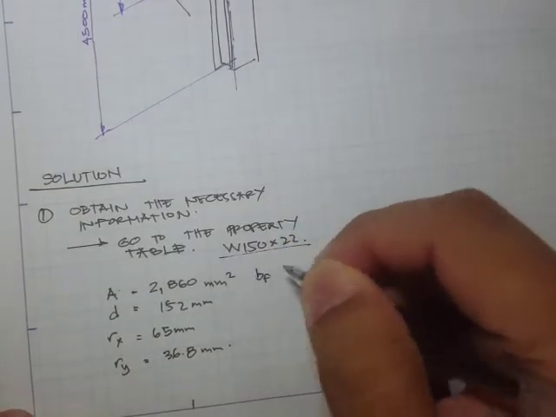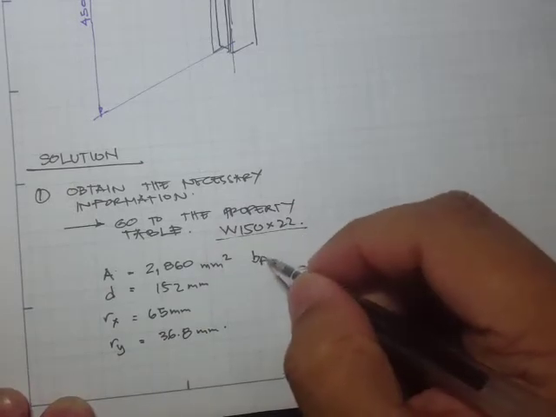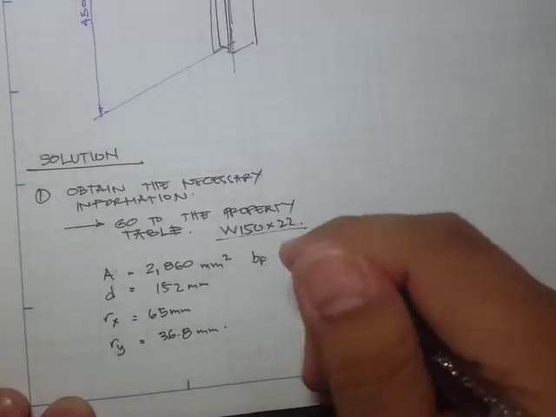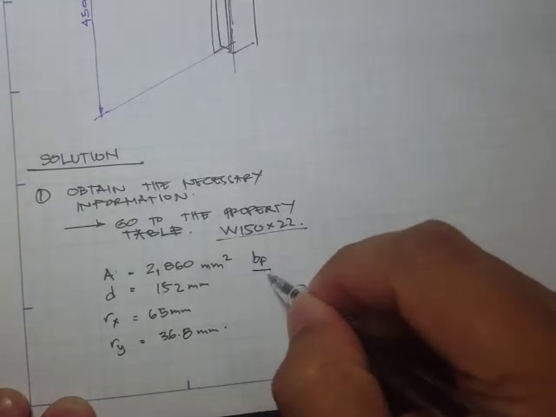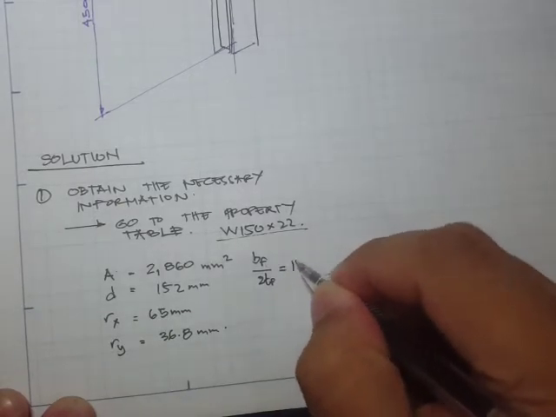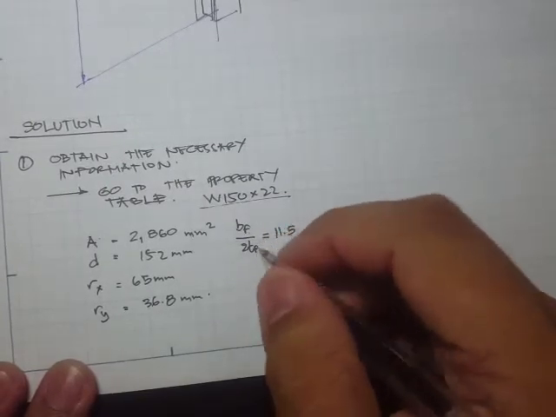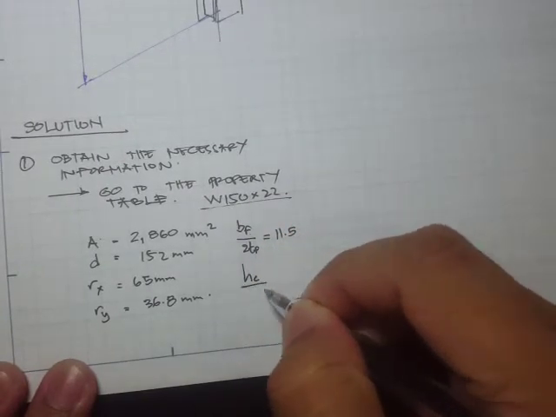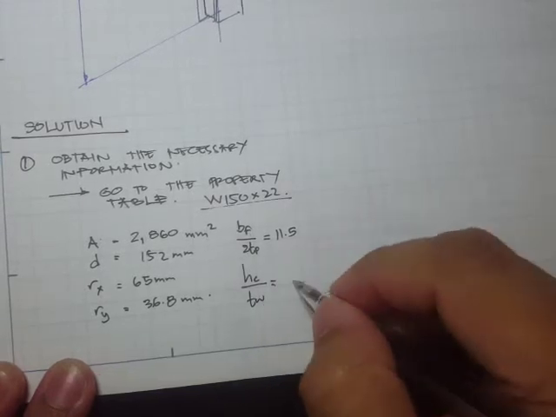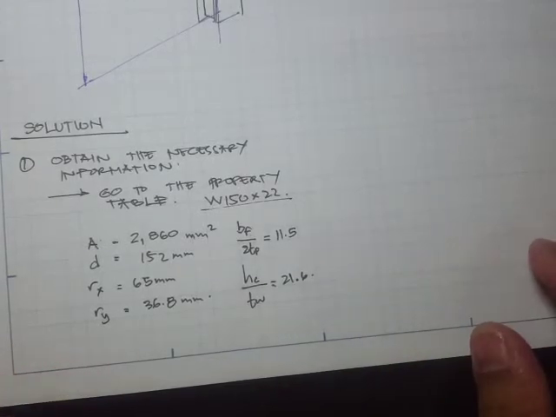The first one is the unstiffened element, the flange, bf over 2 times the thickness of the flange, and it's given as 11.5. For our web element, we have h over tw, the thickness of the web, equal to 21.6.